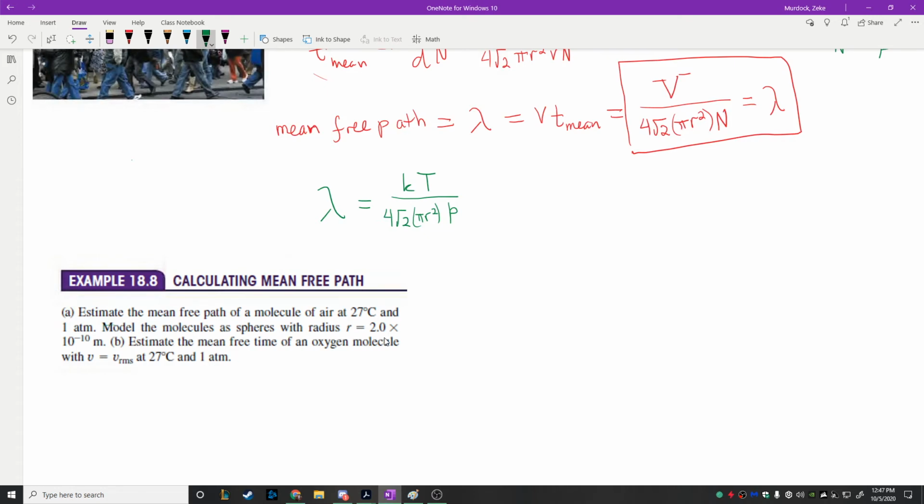Do you want to try the calculation? It should be pretty easy. Remember that for temperature, you're going to use 300 Kelvin in this case. Take a few minutes and see if you can solve it.